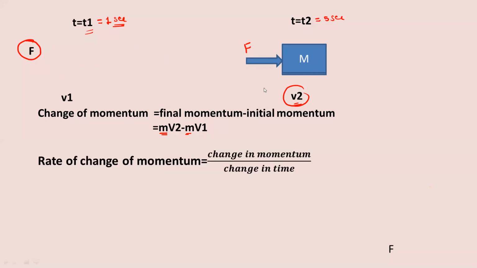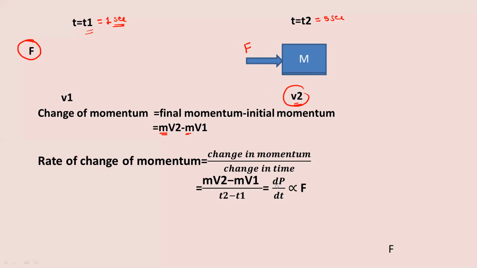So how can we write the rate of change of momentum? Rate of change is nothing but the time differential, so change of momentum with respect to the change in time: mv2 minus mv1 divided by t2 minus t1. This mv2 minus mv1 is nothing but the change in momentum, so we can represent this as dp by dt. This is the differential form.